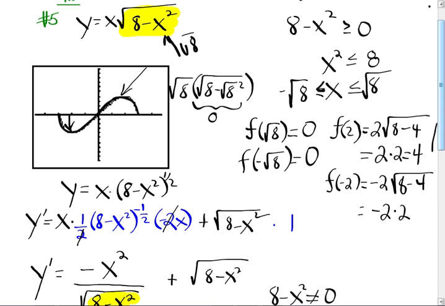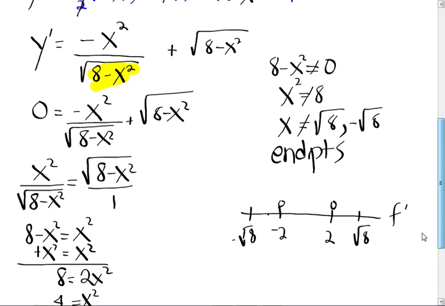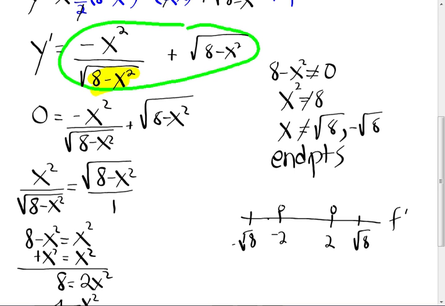You want me to finish the first derivative test? We can. What's the easiest point to put into this first derivative here? 0. And I'm going to go back and look at this. What if I put in 0? That's a positive number.